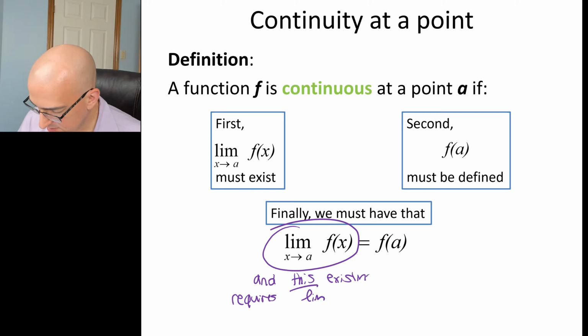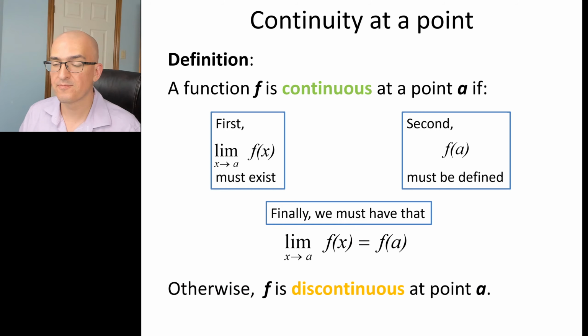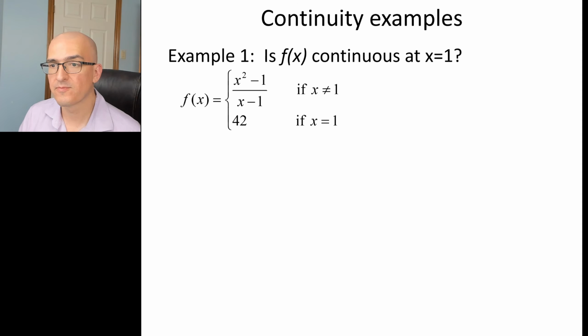This existing requires that the limit as x approaches a from the left of f of x equals the limit as x approaches a from the right of f of x. And that's a guarantee. If this requirement is not met, then that's a guarantee that the function has a discontinuity.